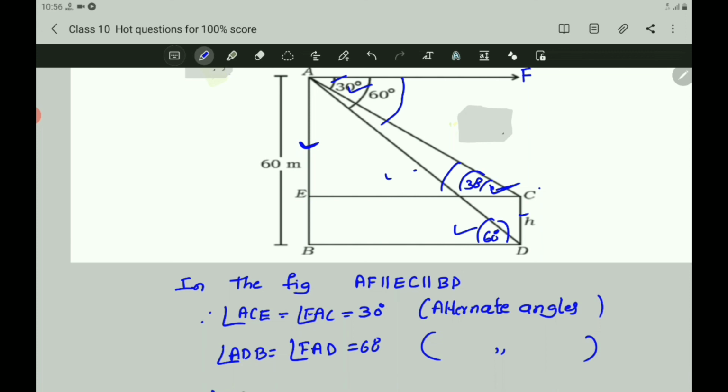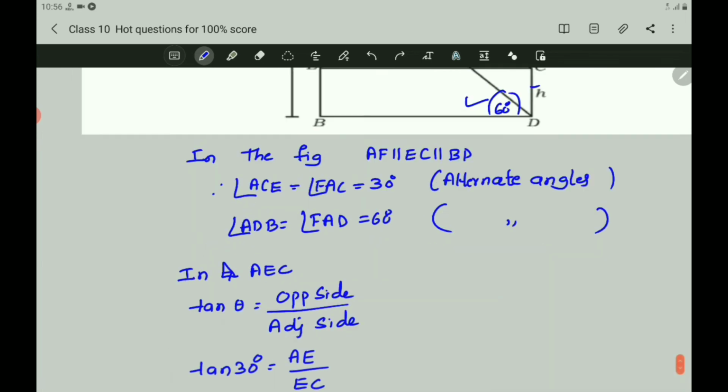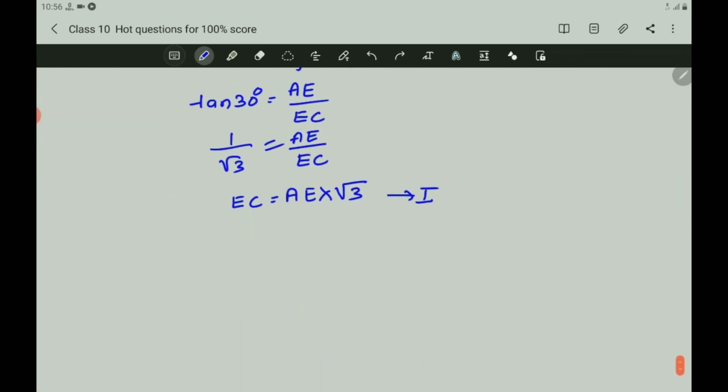Then take this triangle ABD. In the right angle triangle ABD, again you take tan theta is equals to opposite side by adjacent side.